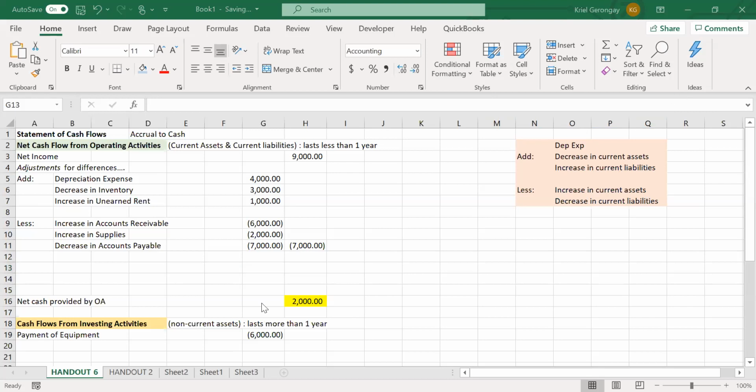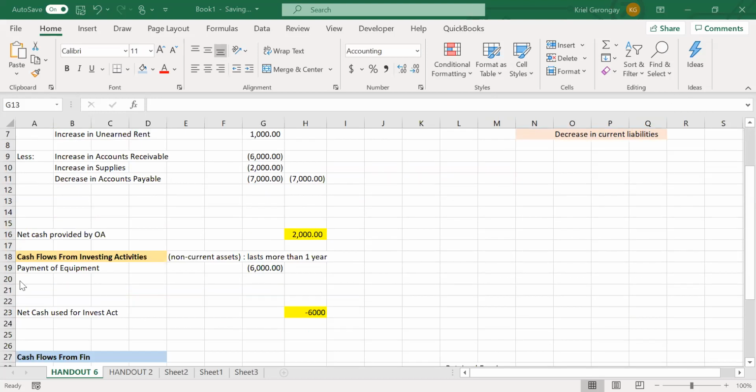Okay, so this is actually a good question. Earlier I mentioned that if you sold the equipment, this is how you account for it under the investing bucket: sale of equipment, let's say X amount.